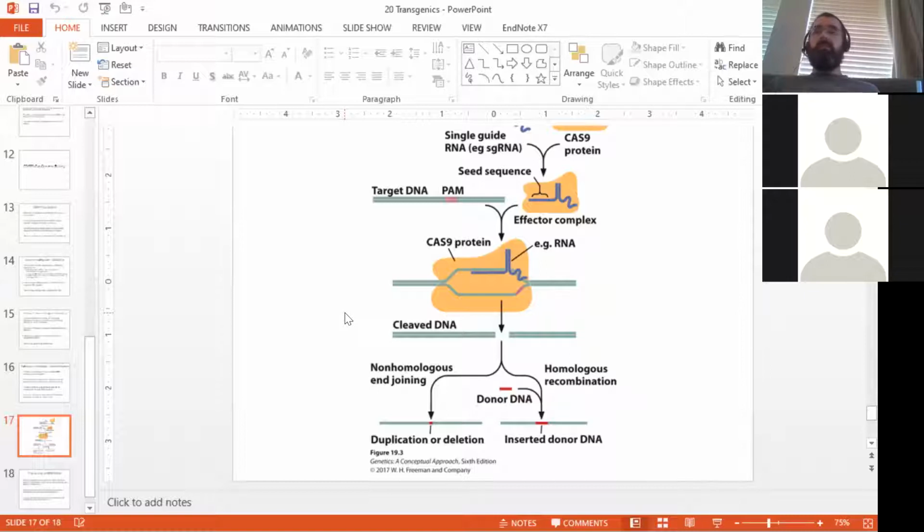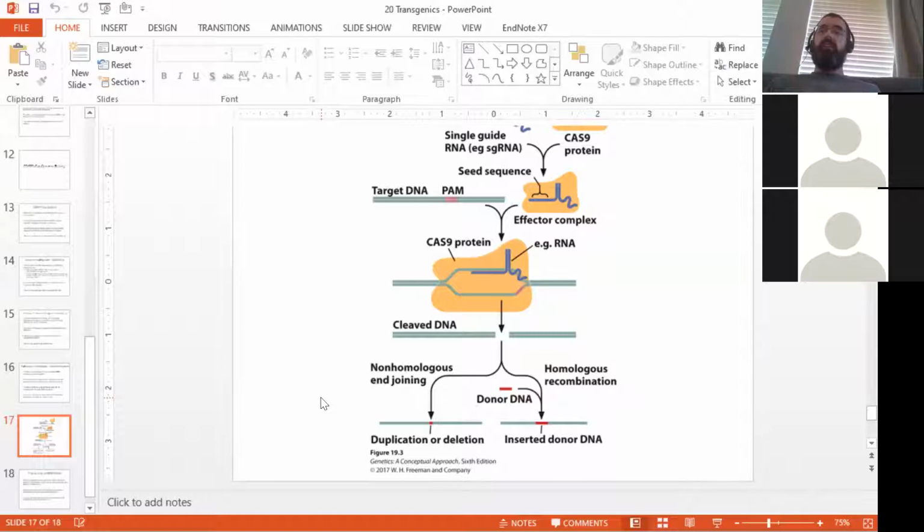Right now, you, or a buddy that knows how to do it, because I don't know how to do this, but I have a friend who does, design a guide RNA to that gene of interest, get it into your cells or into the germ cells, and you'll get a mutation or knockout of that gene.